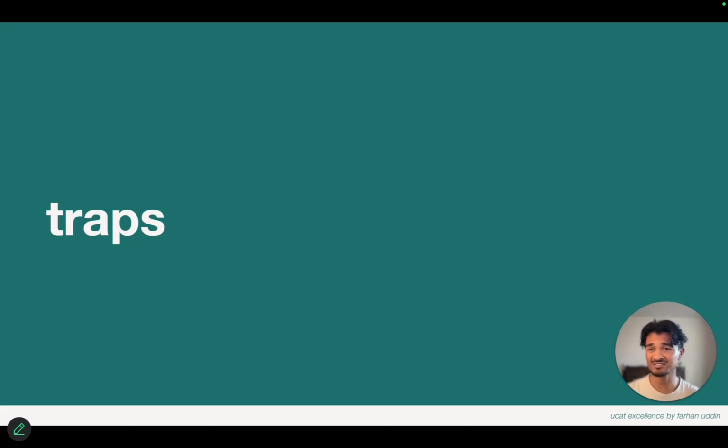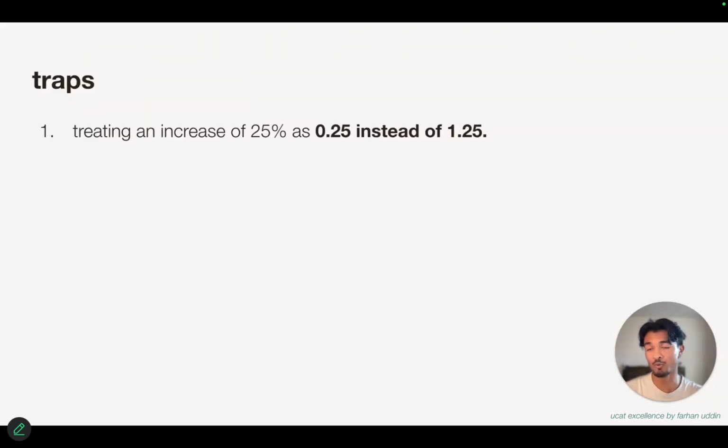Otherwise, here are just a couple of traps that students fall into when it comes to percentage questions. Number one is treating an increase of 25% as 0.25 instead of 1.25. Remember, we're going from 100 to 125% if we're increasing like that. So don't put 0.25, otherwise you're going to need to do another additional calculation of just adding the original value in there.